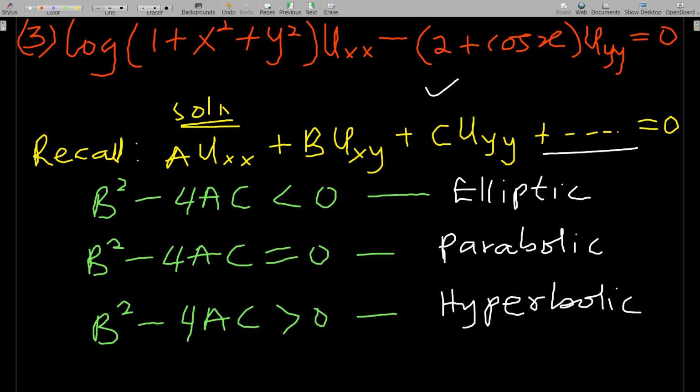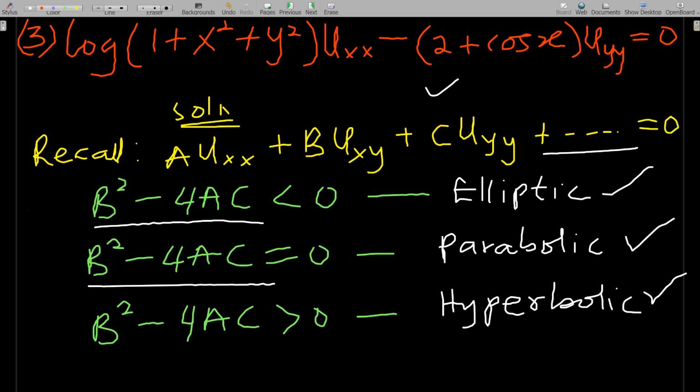All we need is the first three terms, so we get A, B, and C. If B squared minus 4AC is less than 0, then we have an elliptic PDE. If B squared minus 4AC is equal to 0, then we have a parabolic. And if B squared minus 4AC is greater than 0, it is hyperbolic.